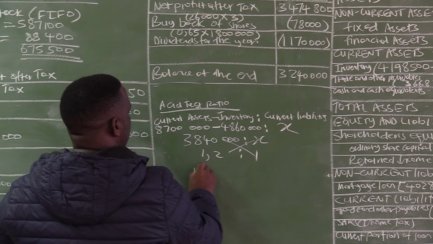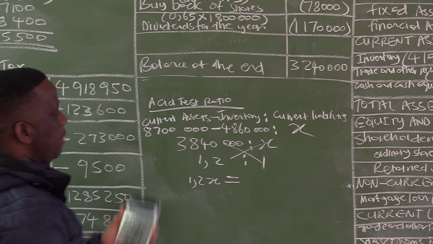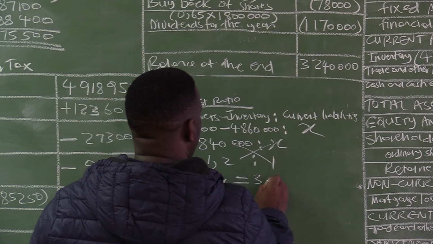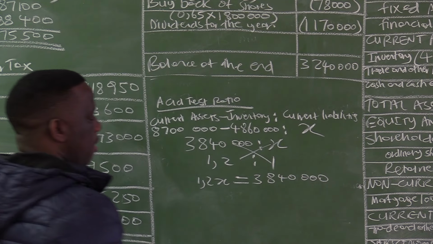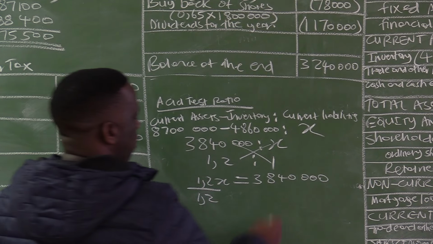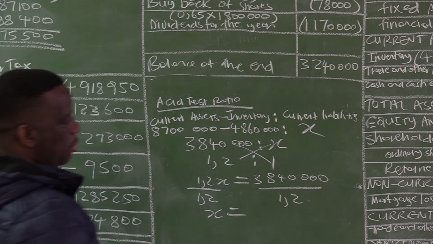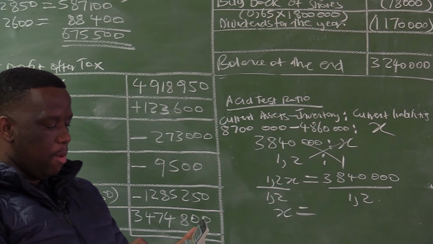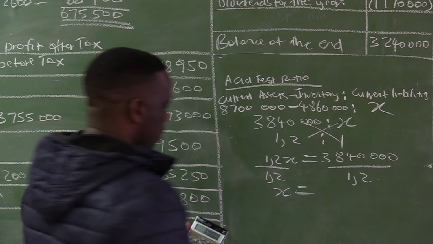The next step here is to cross multiply. 1.2 multiplied by x gives 1.2x, equals 3,840,000 multiplied by 1, that's 3,840,000. To get the value of x, divide both sides by 1.2. So x will be equal to 3,840,000 divided by 1.2, that is 3,200,000.